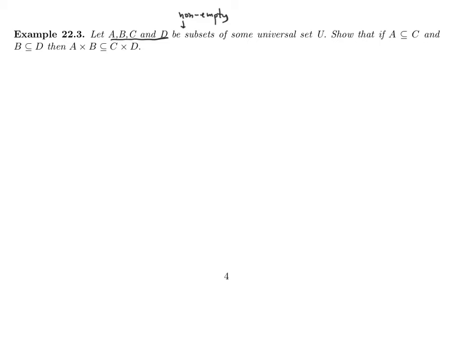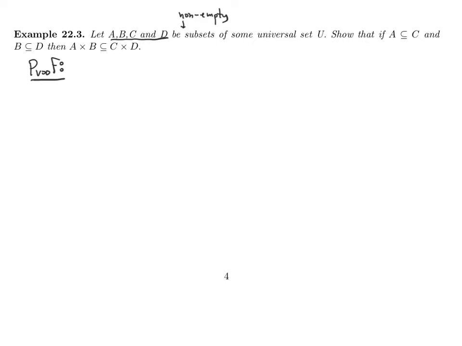So let's prove this. We're going to do just a direct proof. Again, the reason I like a direct proof here is because we're saying things about the fundamental parts, and here we're kind of combining those parts. So it's easier to combine than it is to disassemble a lot of the times.